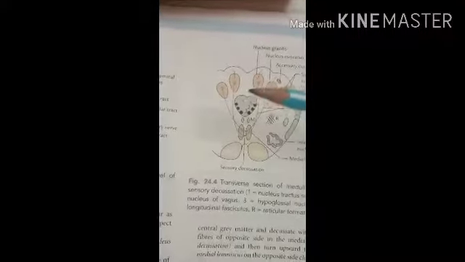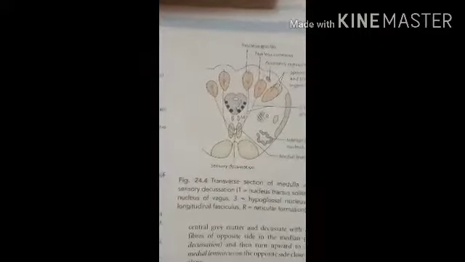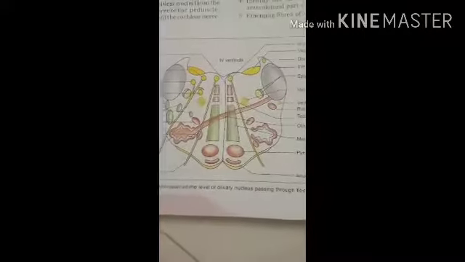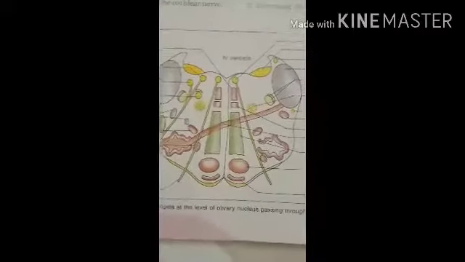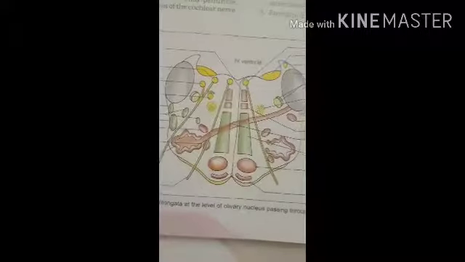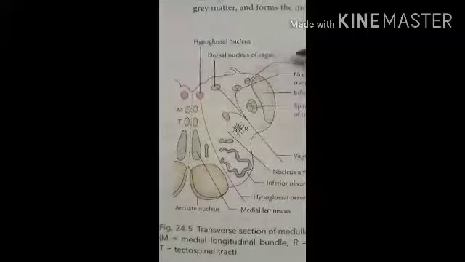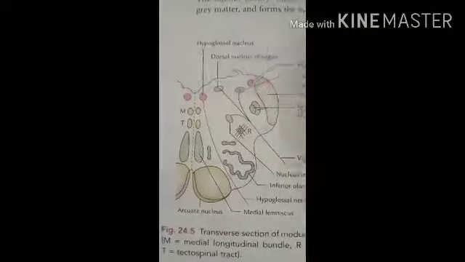After that we have to see the TS of medulla oblongata at the level of the olive. Here in this diagram you can see the TS of the upper part of the medulla, that means the floor of the fourth ventricle.